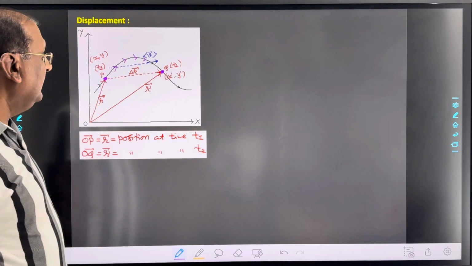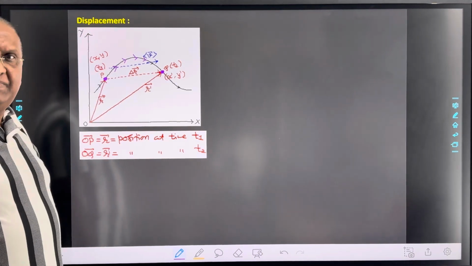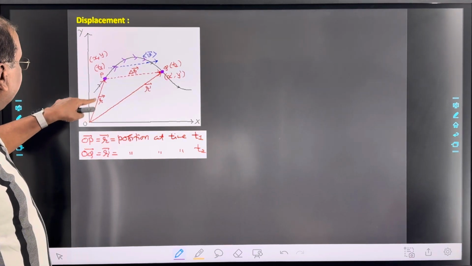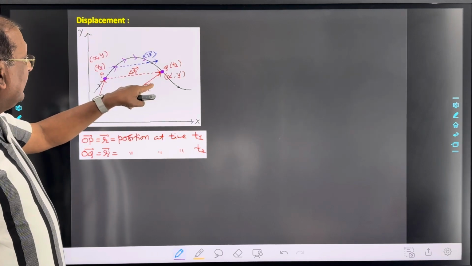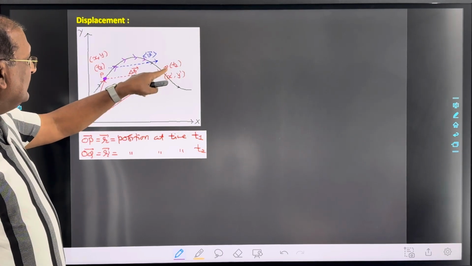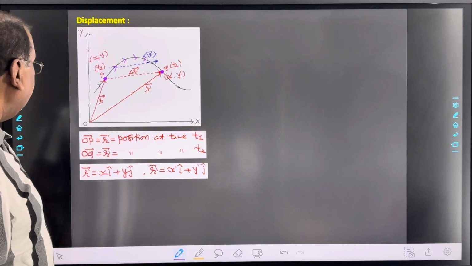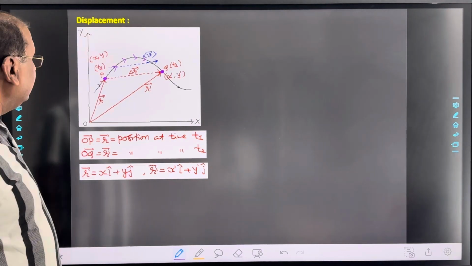Clear bachcho? Now we have to think about the displacement vector. Now see here, our vector r we can write as x i plus y j, and vector r dash is x dash i caret plus y dash j caret. Okay, so in this way we can write the position vectors.